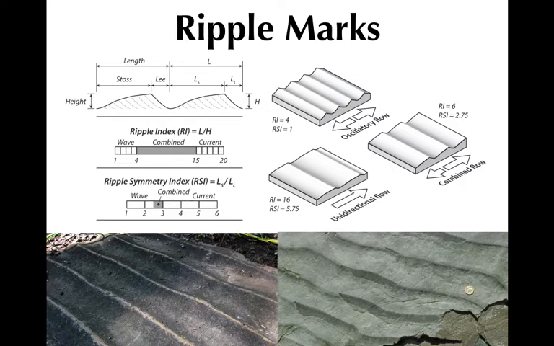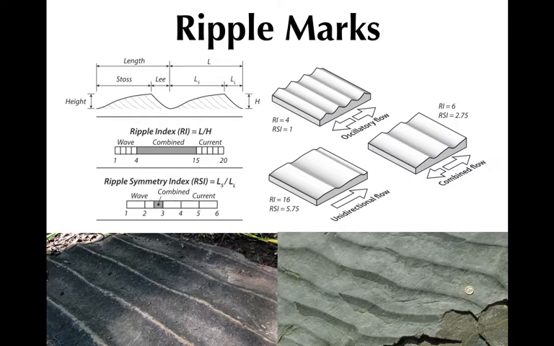Wave ripples are produced by oscillatory flow. In other words, as a wave goes over the sediment surface, it goes one way and then it goes the next way and it keeps oscillating back and forth. This would be the type of ripples that you find offshore of a beach or something like that.